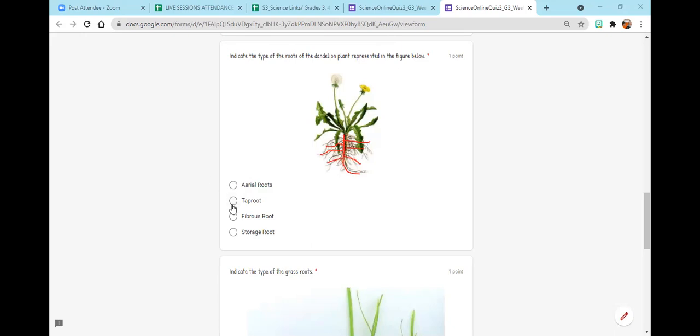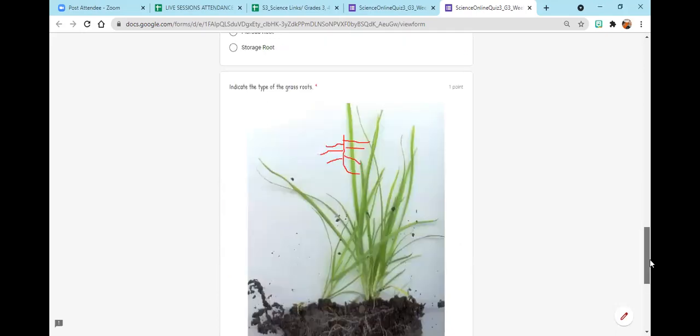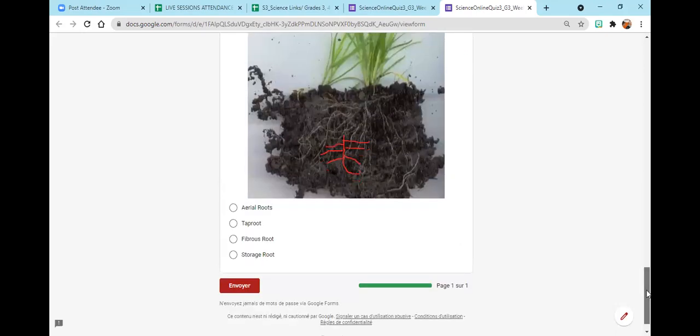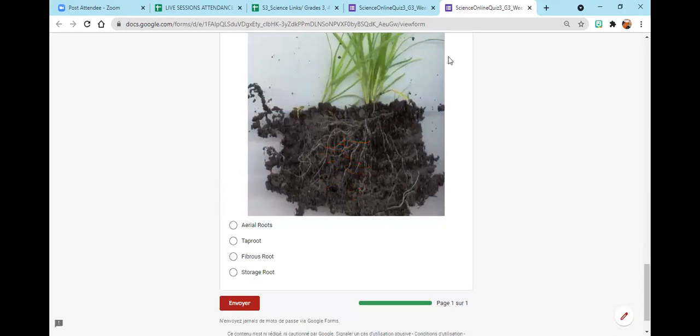Taproot. Excellent job. This is the last one. This is grass. Grass has roots that look like messy hair. Aerial roots, tap roots, fibrous roots, or storage roots.